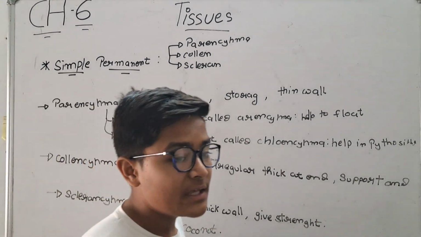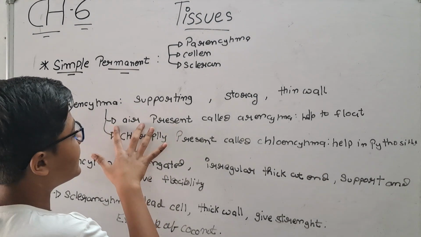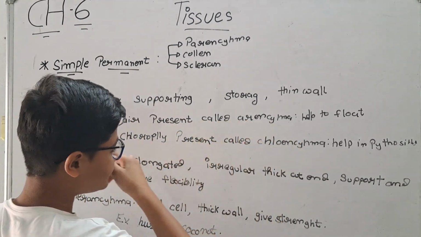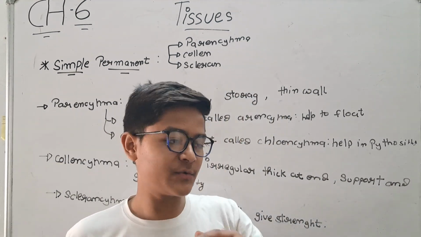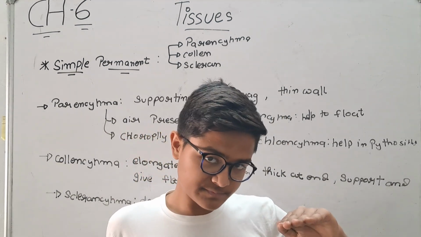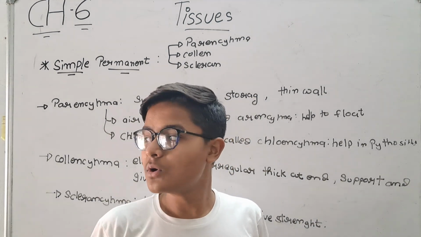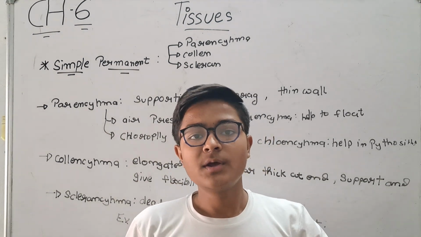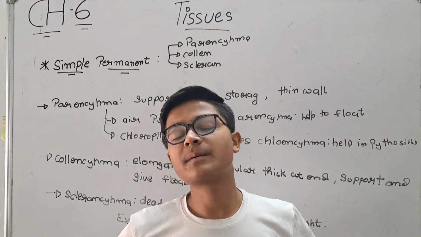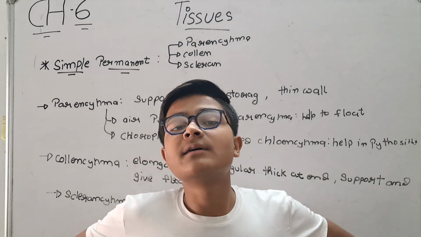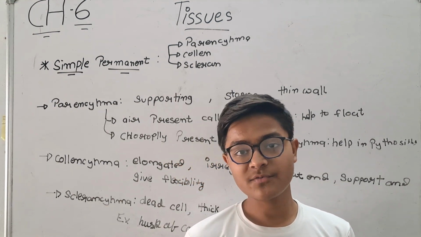If air is present in the tissue, it is called aerenchyma, and it helps the leaves and plants float on the surface of water. If there is an air cavity, that means air is present in the parenchyma, and it helps to float on the surface of water.